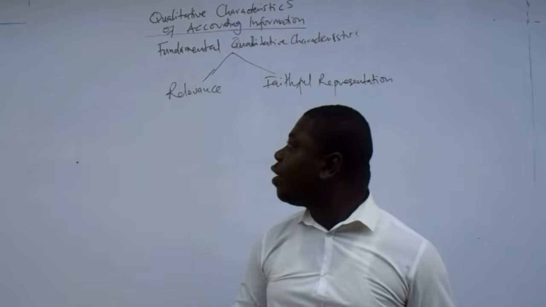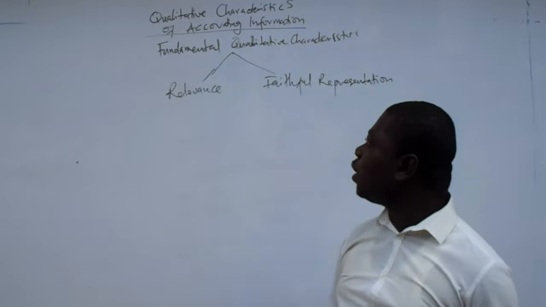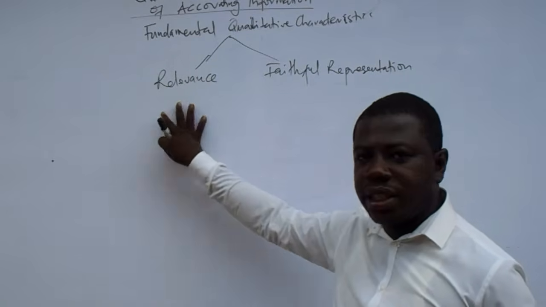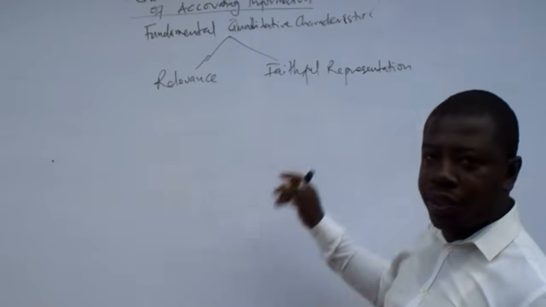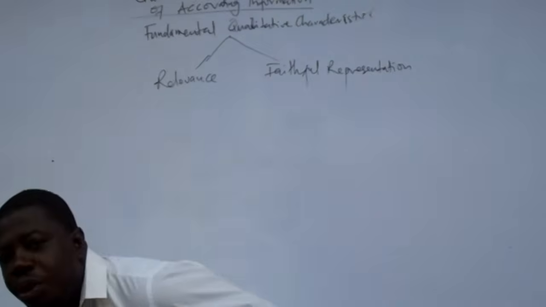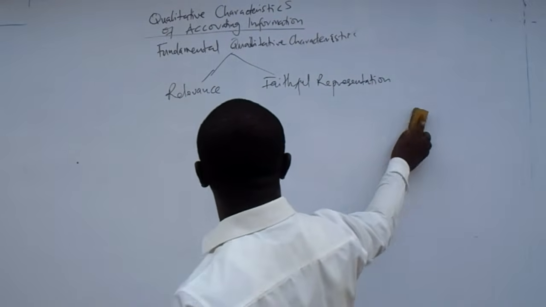These two are the fundamental qualitative characteristics of financial information. And so relevance, we say that the financial information must be relevant and then it should be faithfully represented. And so we are going to explain each of them into detail. Now, what do we mean by relevance and what do we mean by faithful representation?